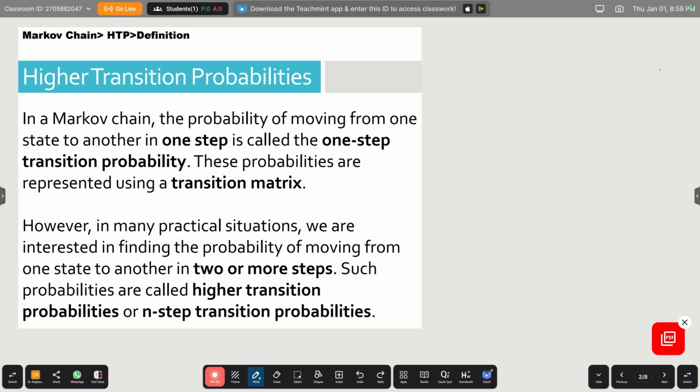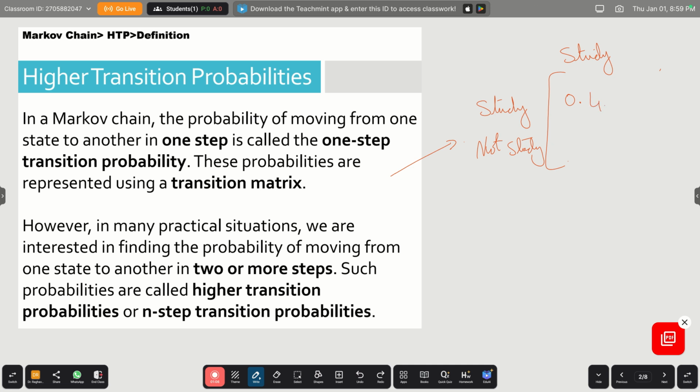But just to start this video, let me take a simple example of a transition matrix. Suppose I have study habits like this. I may study on a day or I may not study on some days. If I study today, the probability that tomorrow I also study may be 0.4.